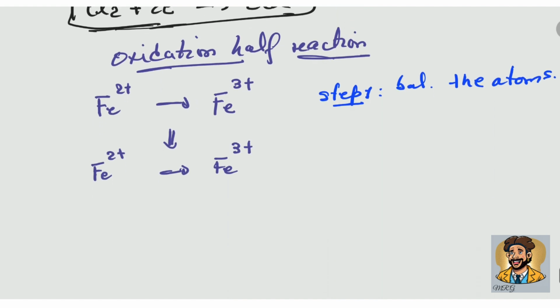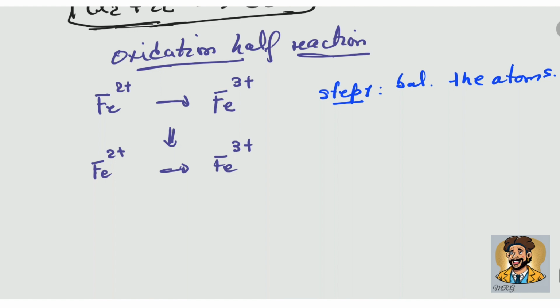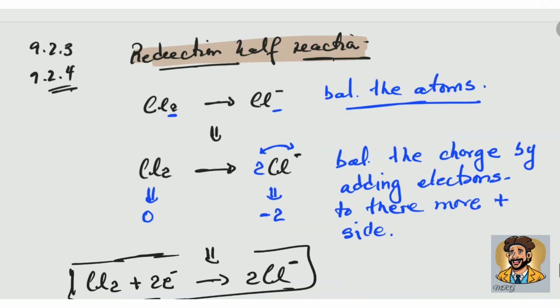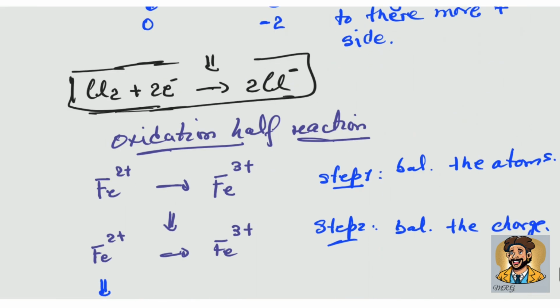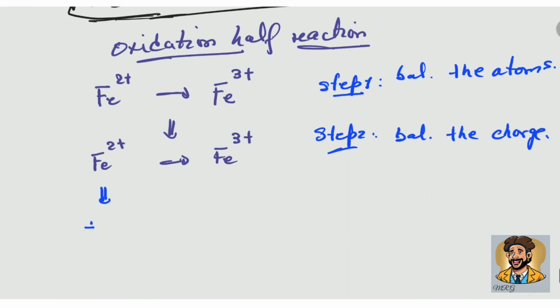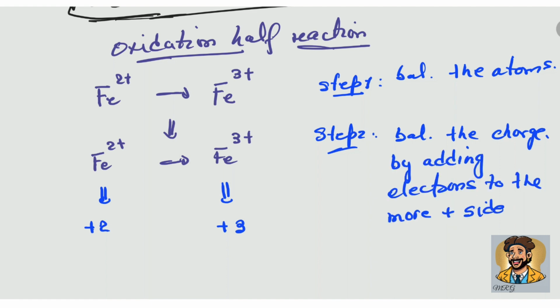So now in step 2 we're going to balance the charge. And to do this one, let's determine the charge. On this side the charge is, that is the oxidation number. So remember, we are working now with the oxidation number. There we go. So on that side is +2, on the right side is +3. So we come here, we have a +2, and we come here and we have a +3. We are going to add electrons, right, to the more positive side.